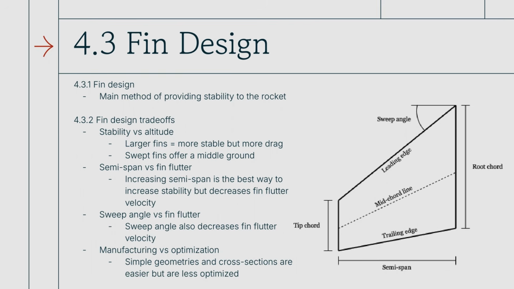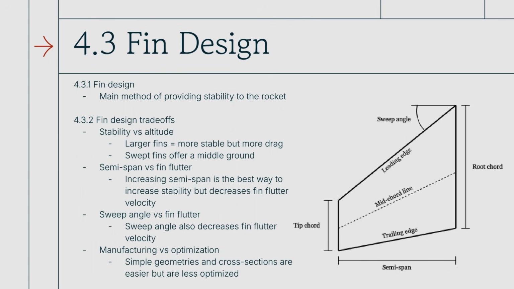But by sweeping the fin backwards, you are making the geometry more asymmetrical, and this can also make the fin less strong.